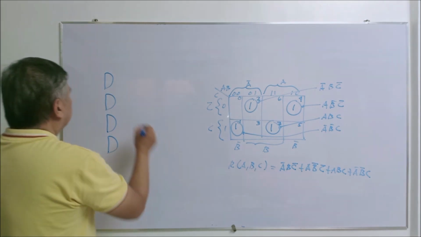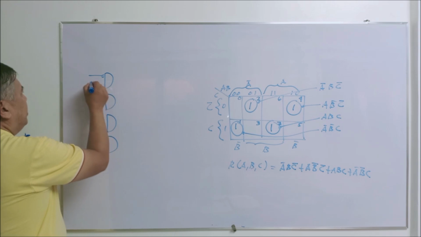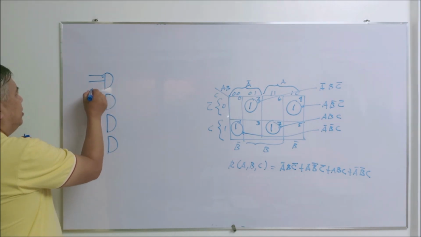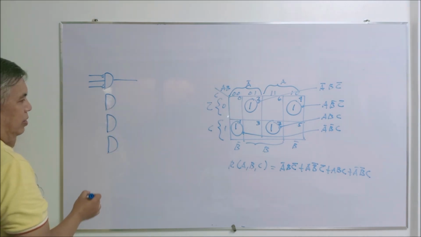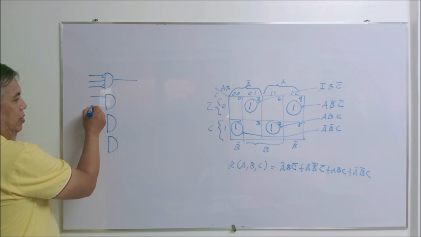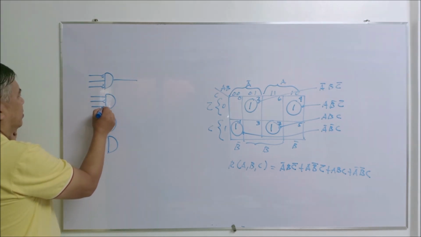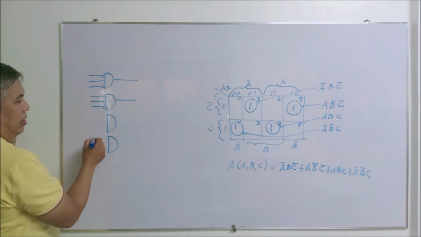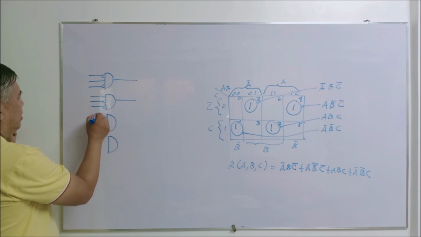You have A bar, B, and C bar. Then you have A, B bar, and C bar. Then you have A, B, C.